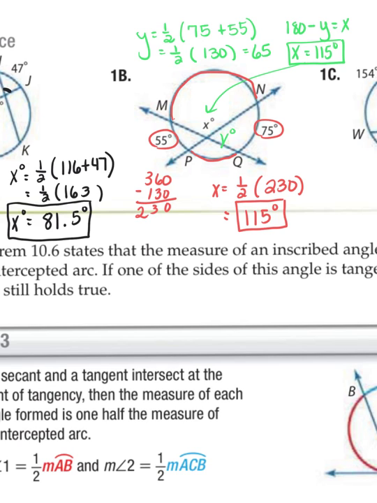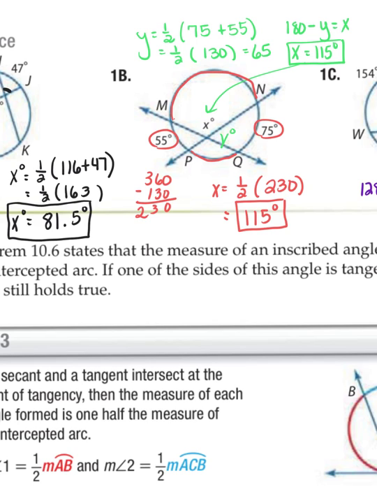Okay, moving along then, on number 1C, we still have that interior angle inside the circle that is made when two chords cross. So the degree measure of that angle is 1/2 its arc. Well, its arc actually is 154, isn't it? I got ahead of myself there. Let's make sure we get that right. I don't want to confuse anybody.